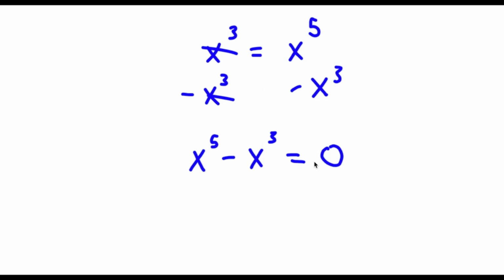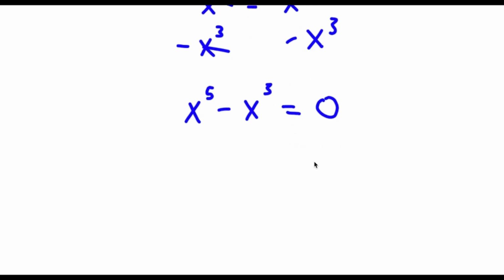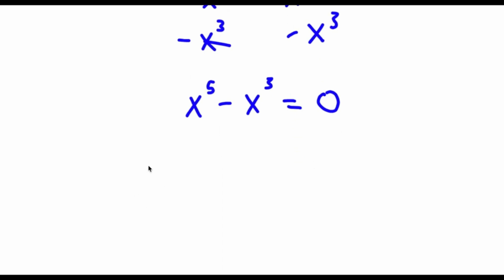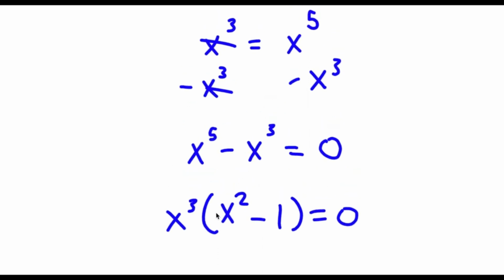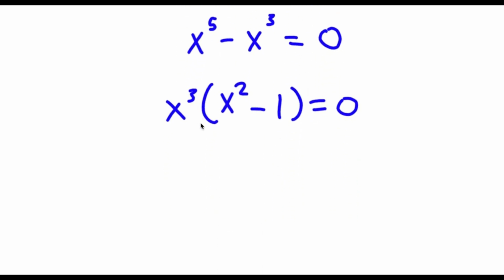So now I'm going to factor out x to the power of 3. So now I have x to the power of 3 times x squared minus 1 is equal to 0. So now this is going to give me two equations.